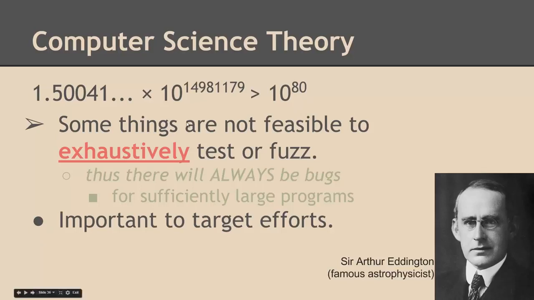So the point is, it's not always feasible to exhaustively test or fuzz applications. There will always be bugs because of this for any sufficiently large program. Therefore, targeted approaches in fuzzing are paramount in order to do it effectively.